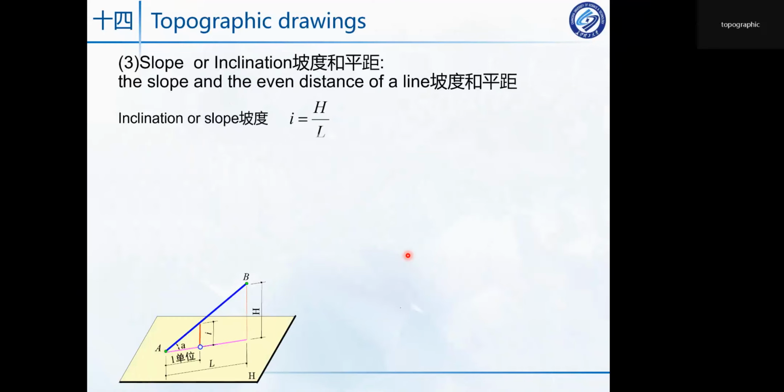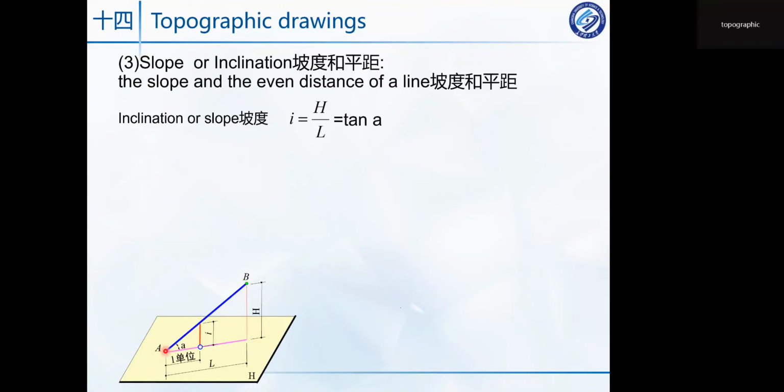So now let's learn something more complex than before, about the slope or inclination. Now you can see this figure. This point is A and this point is B. The difference of the elevation is H. The A and the B's elevations are not the same.